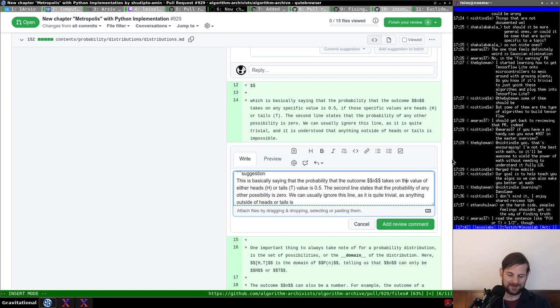Wait. Let me suggest this, and then let me finish this thought. Then let me figure out how to fix it. I think you're right. The second line says the probability of any other possibility is 0.